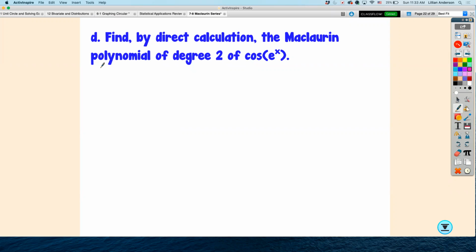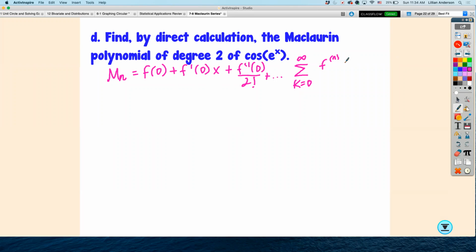Well, the Maclaurin series for a particular polynomial degree was f of 0 plus f prime of 0 x plus f double prime of 0 over 2 factorial, and so forth, which essentially ends up being the sum from 0 to infinity of f to the k power of 0 x to the k power, all over k factorial.